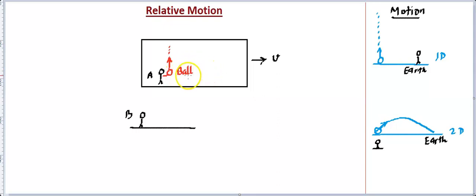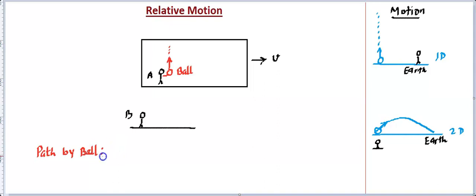Then if somebody asks what is the path, or trajectory, of the ball, what is the path traveled or covered by the ball, I am writing it in short as path by ball. This basically means we need to find the path that is traveled by the ball, or the trajectory of the ball.